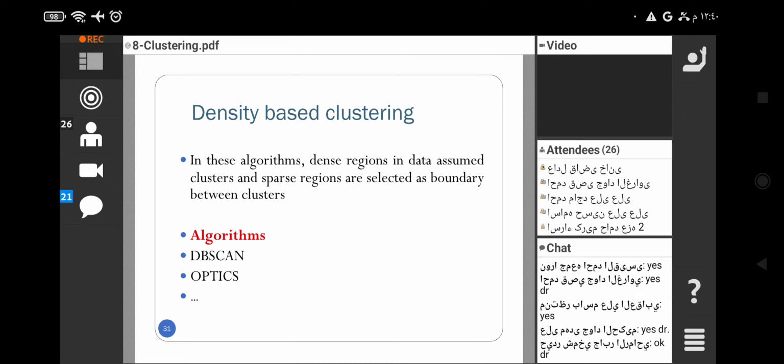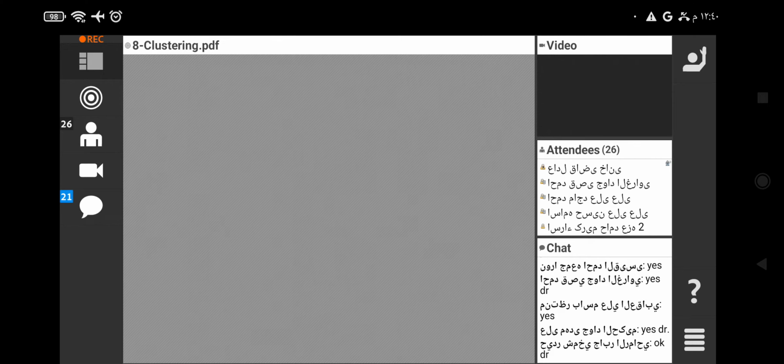Whenever the data is dense, meaning crowded, with many data in a small area, that would be a cluster. And wherever the data is not dense, those will be the border between the clusters. This is the general description of density-based clustering, and we have different algorithms for this type, for example DBSCAN and OPTICS.